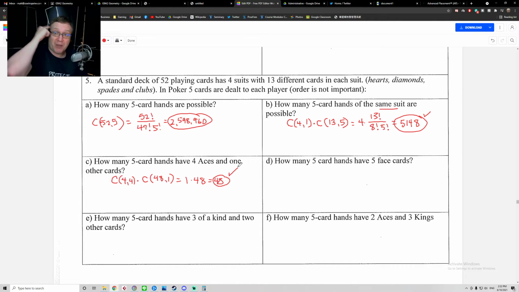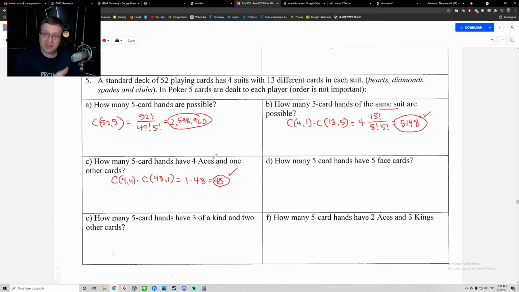Now I want you to stop and think about that for a second. What does that mean? Does that make sense? Yeah, it makes sense. Think about it. I could have 4 aces and the King of Hearts. I could have 4 aces and the Queen of Hearts. I could have 4 aces and the Jack of Hearts. I have 4 aces and the 10 of Hearts.